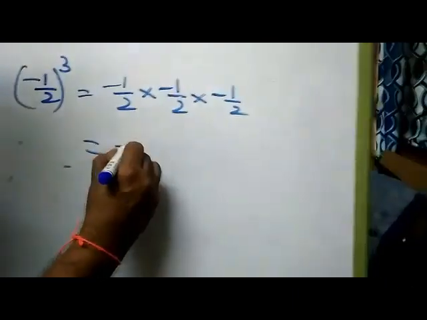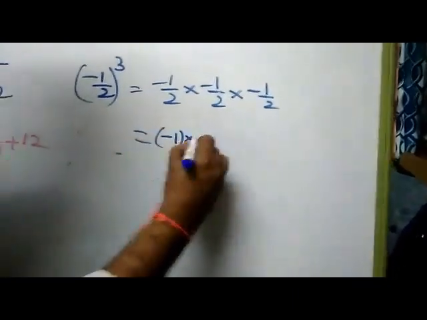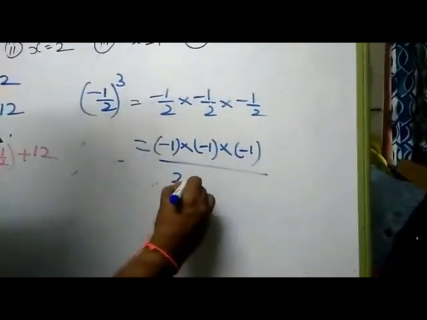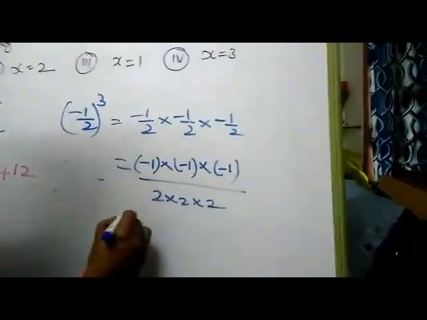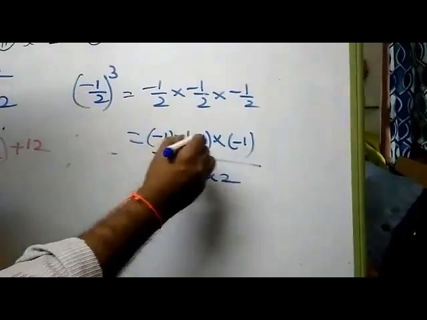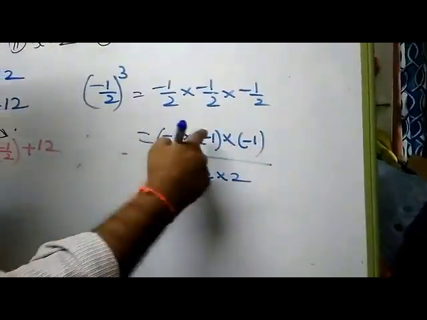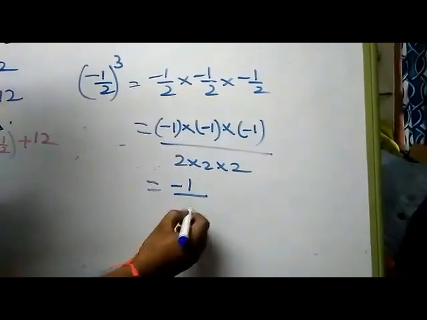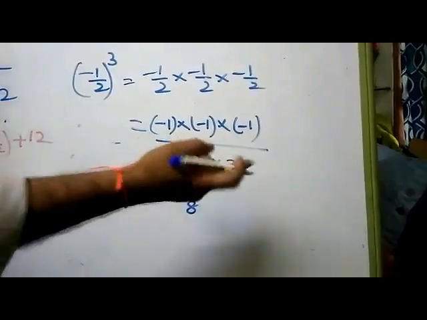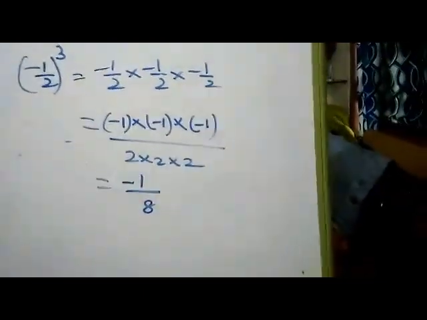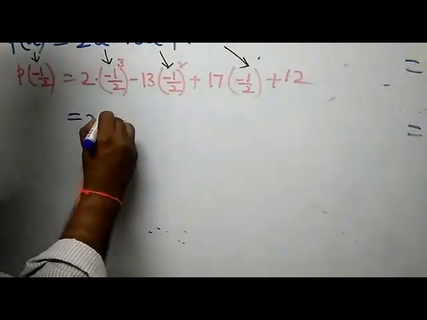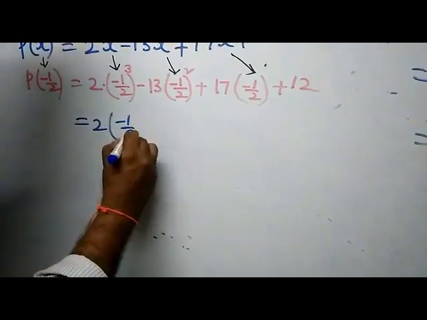Otherwise you do like this, minus 1 into minus 1 into minus 1 by 2 into 2 into 2 is equal to minus 1. This is 8, 2 cube is 8: 2 into 2 is 4, 4 twos are 8. Here the value of minus 1 by 2 whole cube is equal to minus 1 by 8.